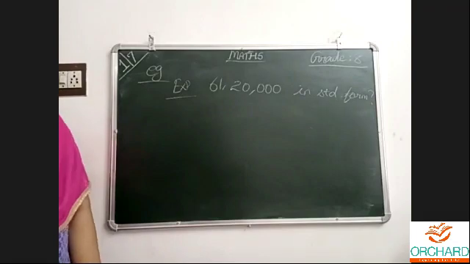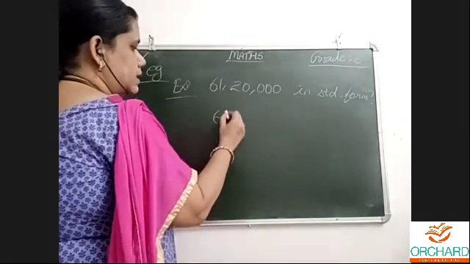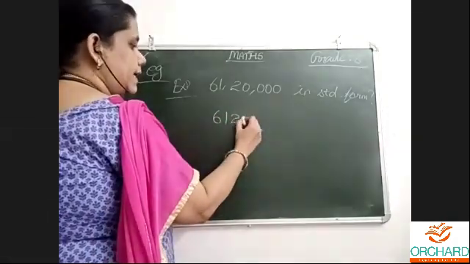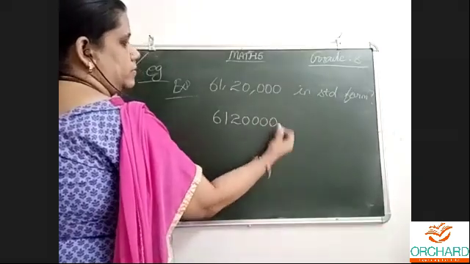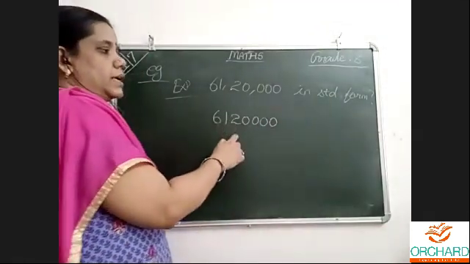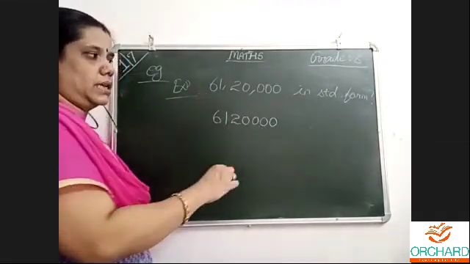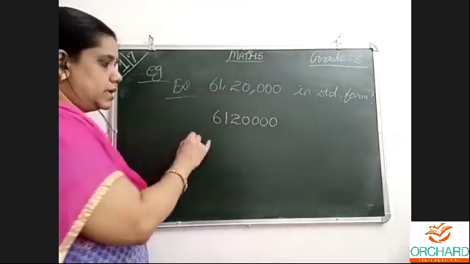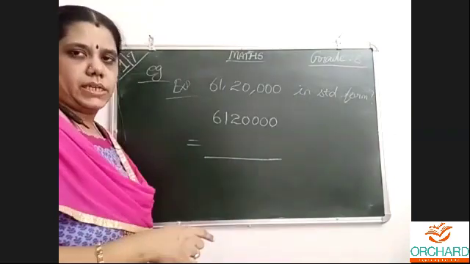How to do it? First we have to see that. Writing the number 61,20,000, let us write it without any commas. Then no points, nothing. Now we have to write the number in the scientific form with the point.